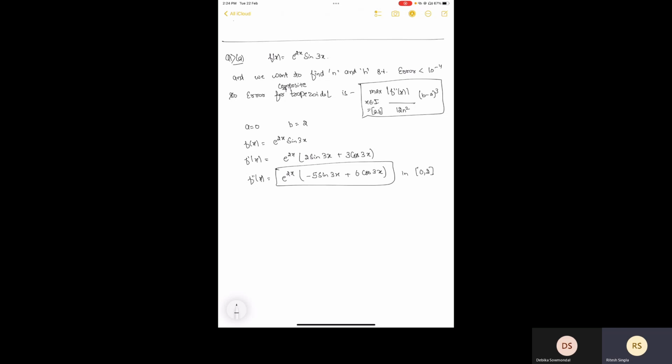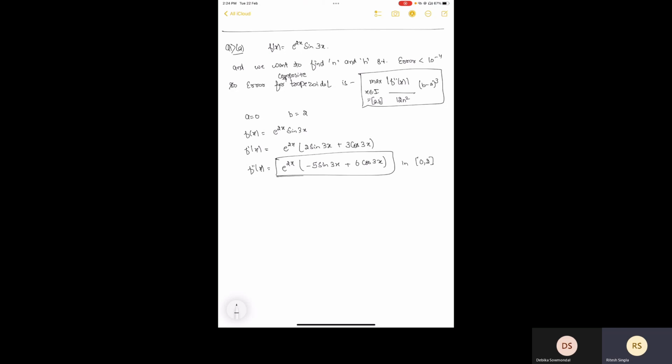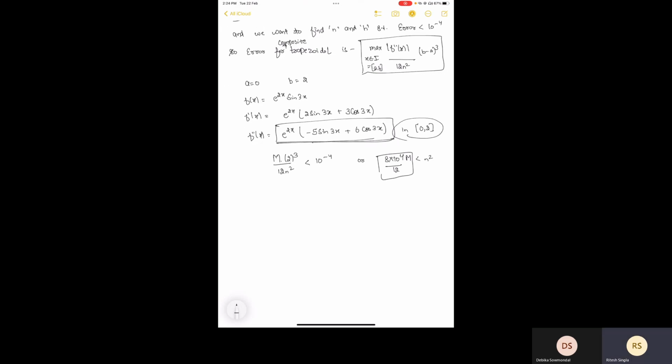So basically, in order to find the maximum, you have to do one more derivative, right? So we have to find the maximum value of this function in this interval. Say it is m. Basically, what we want is m into 2 cube upon 12 n square should be less than 10 to the power minus 4, or 8 into 10 to the power 4 m upon 12 should be less than n square, right?